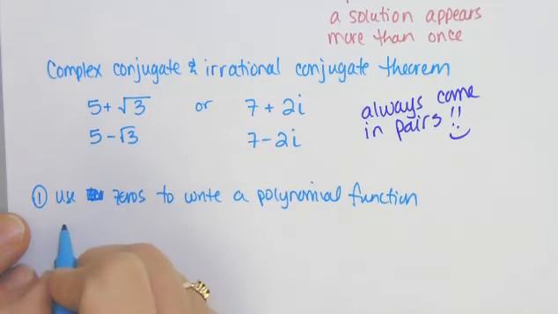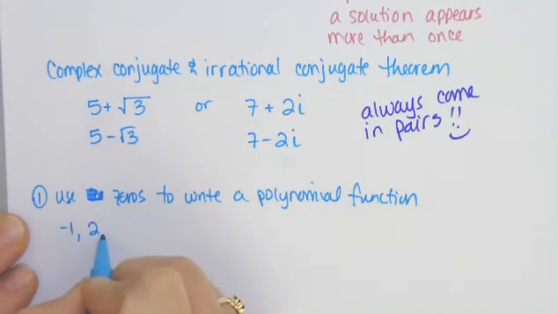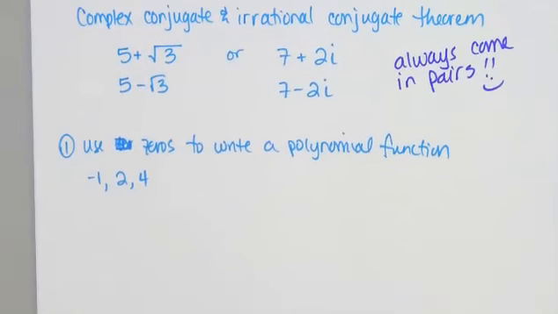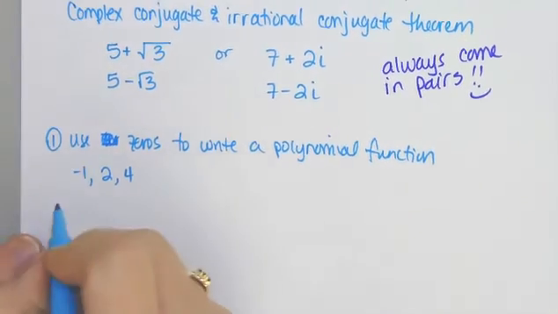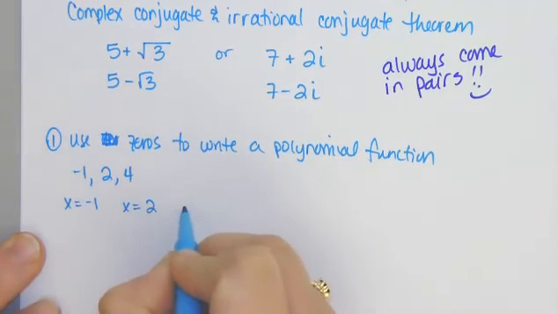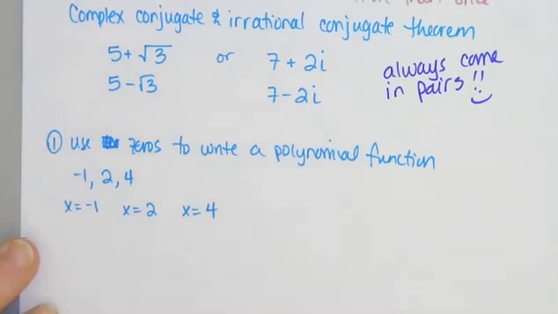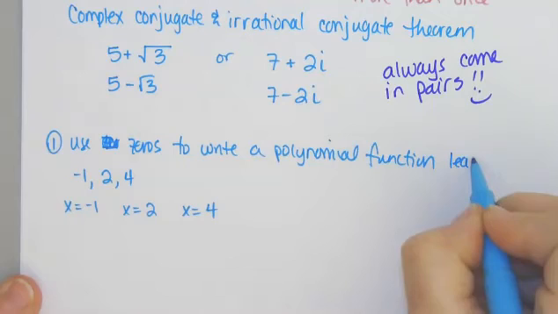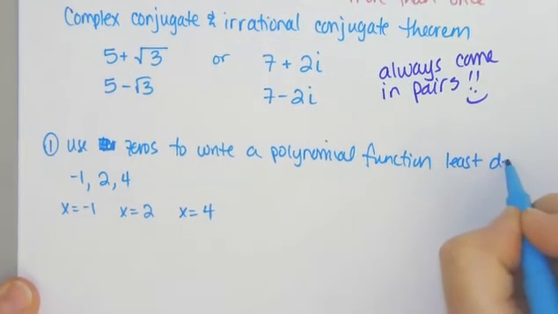So I would give you -1, 2, and 4. So really what that's saying is that x is equal to -1, x is equal to 2, and x is equal to 4. Now, I'm going to say that we're going to do a least degree.